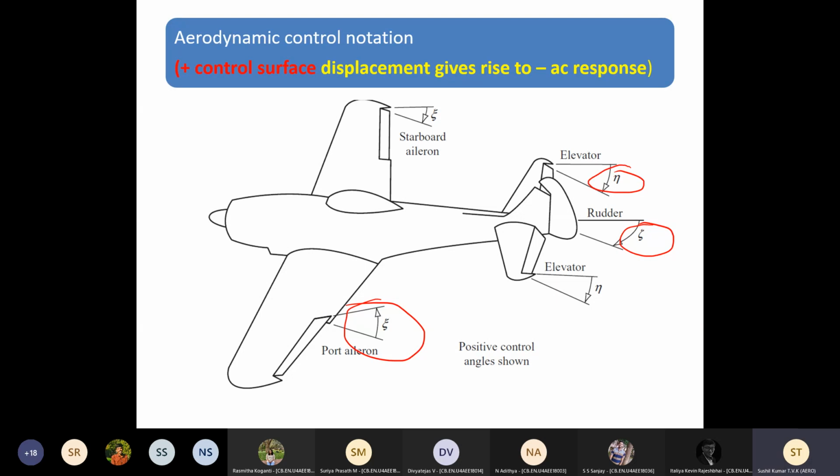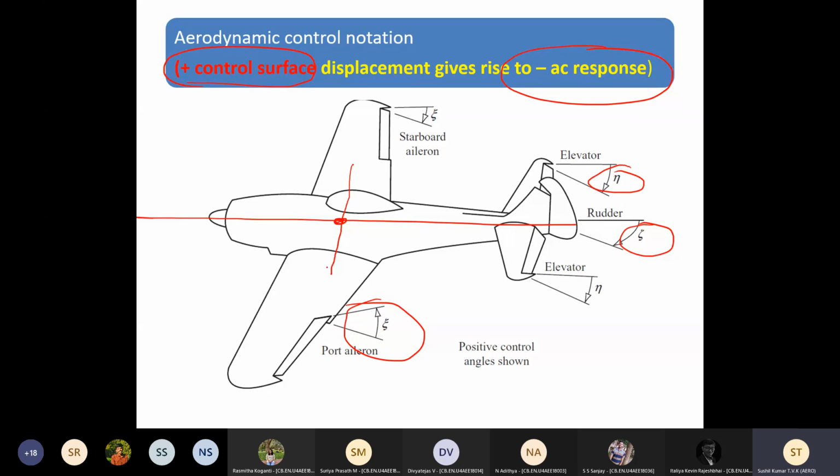Basic way to approach your problems: you will be solving a lot of numerical problems in this course. Just remember this: a positive control surface deflection will result in a negative aircraft response. What I mean by a positive control surface is, suppose the elevator is going down, and let's say this is the CG point.